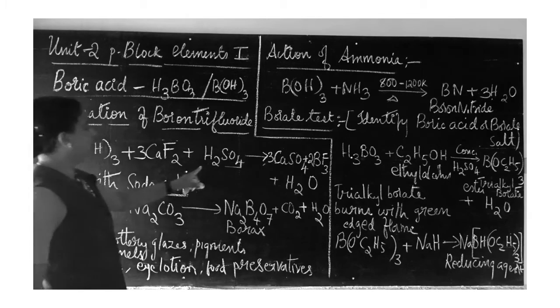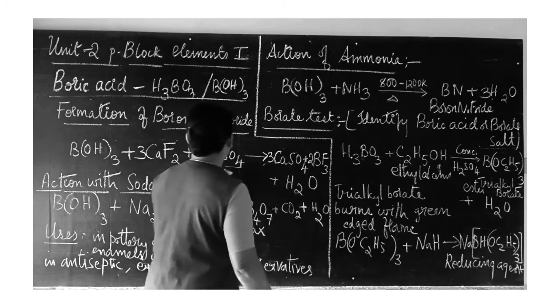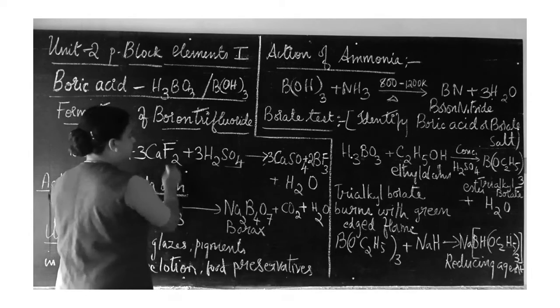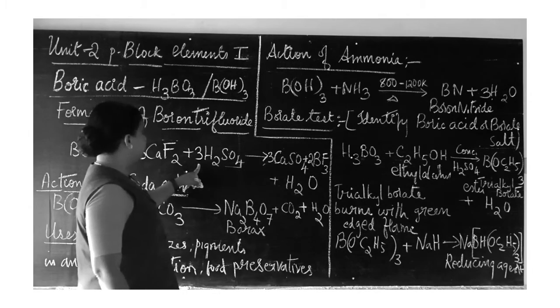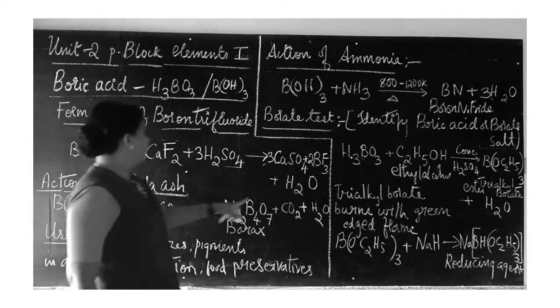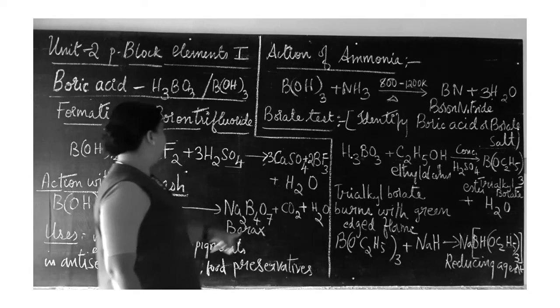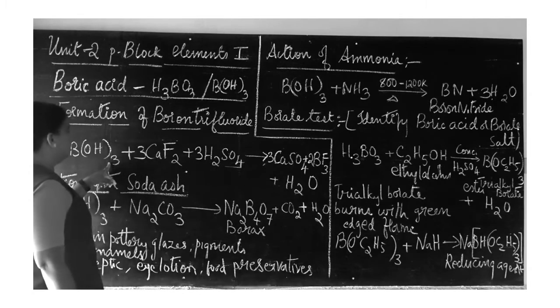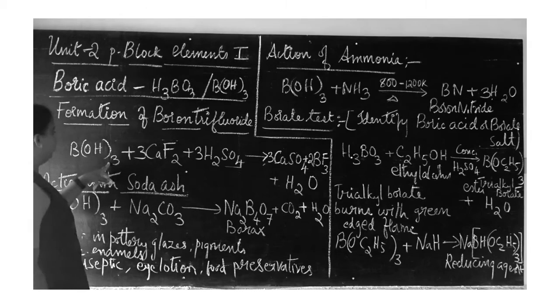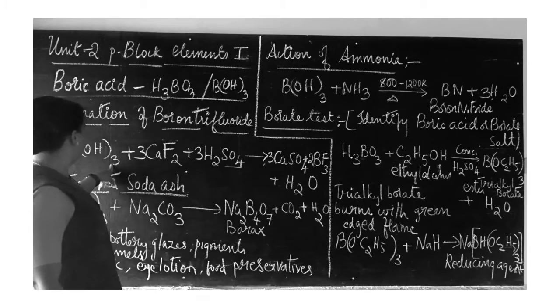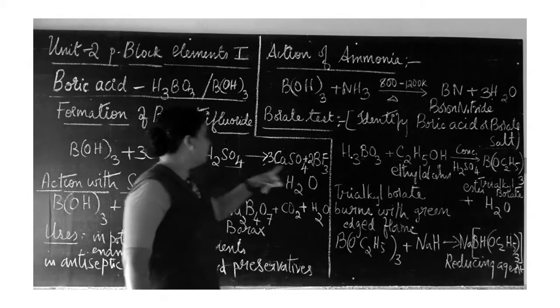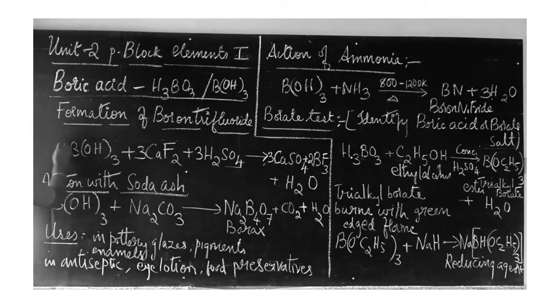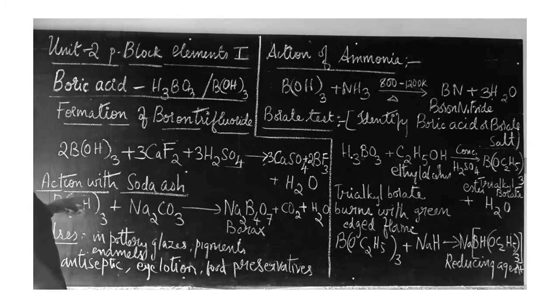So now here sulfate will be 3, so I put here 3 sulfate. Now here hydrogen, it is 6 hydrogen, whereas here only 2 hydrogen, and here 6 plus 3, 9. So here boron, 2 boron is there. So here only 1, so I put here 2 boron.